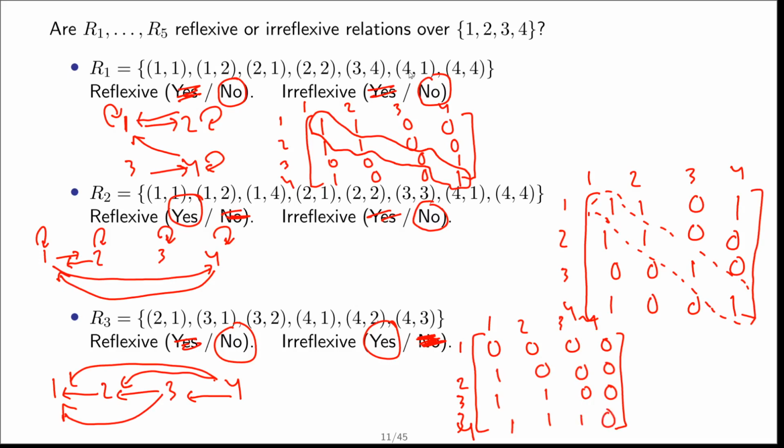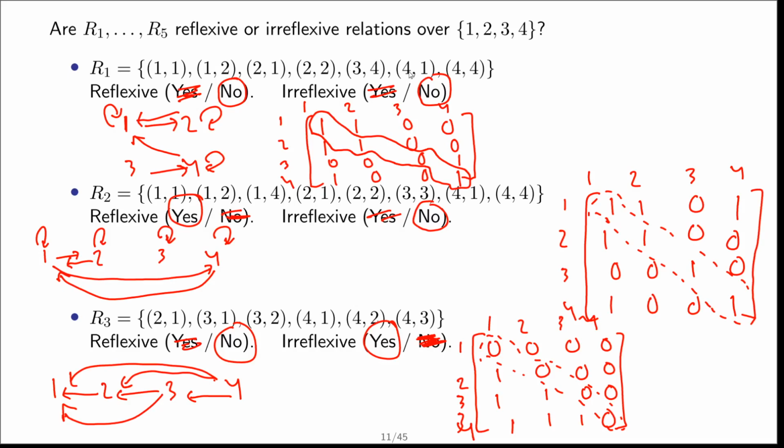The main diagonal elements are all 0, so it is irreflexive. So R1 is neither reflexive nor irreflexive. R2 is reflexive but not irreflexive, whereas R3 is not reflexive but it is irreflexive.